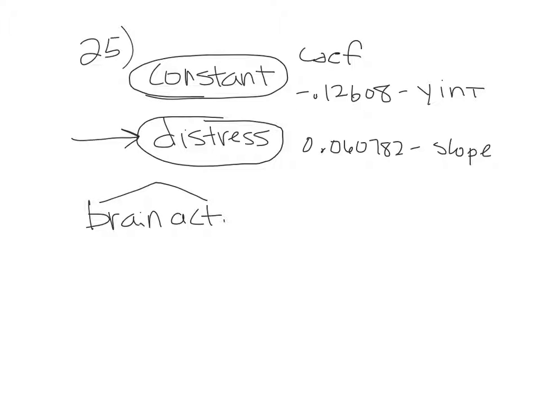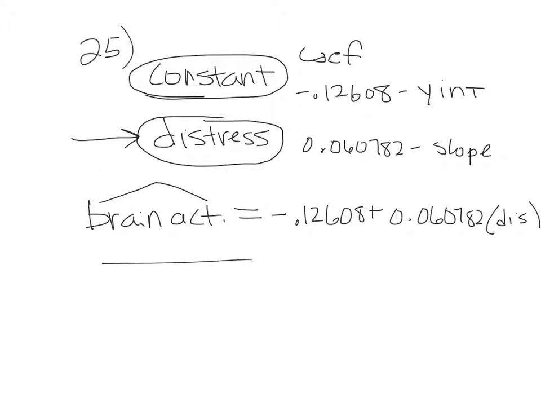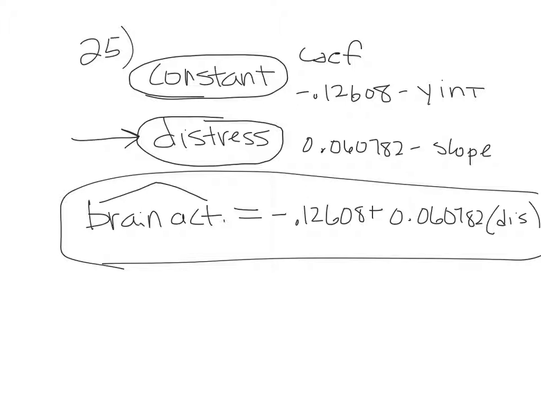So that's brain activity hat equals the y-intercept, negative 0.12608, plus the slope, 0.060782, times the x variable, which is distress. I ran out of room, but you would write distress there. Okay, and that's the answer. You need to make sure that you have the variables in the problem, okay? We talked about that earlier.